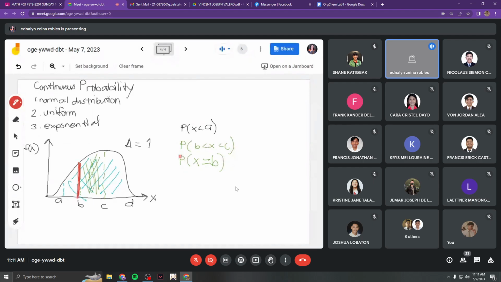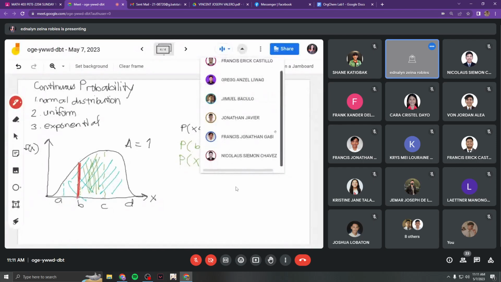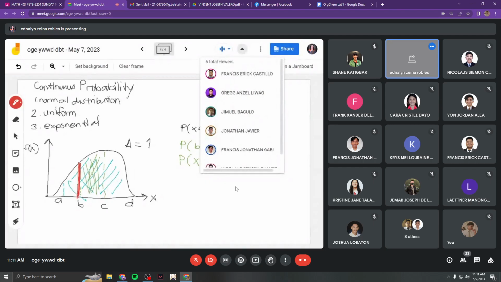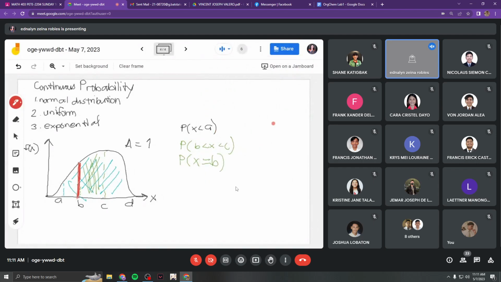Can someone tell me what is the probability if x is equal to b? For those who can answer this, we have plus 5 on the finals. Anyone? Just try.